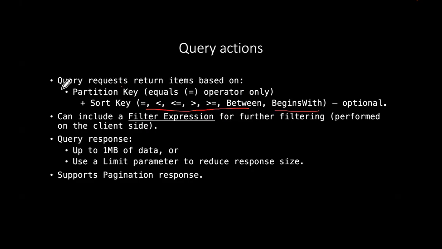Right, so that's that. If you want to do a query, specify the exact value of the partition key, you must do that, and optionally include some information about the sort key in your query. In the query, you can specify a filter expression, but the thing you need to remember is that the filtering is not done by DynamoDB. The filtering is really carried out by the DynamoDB SDK.